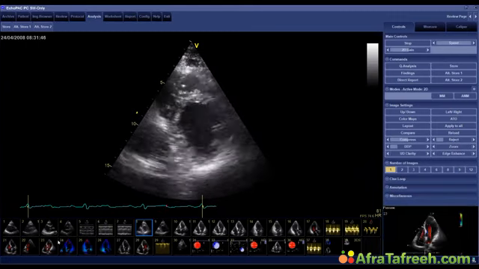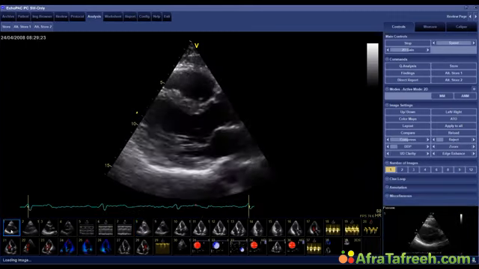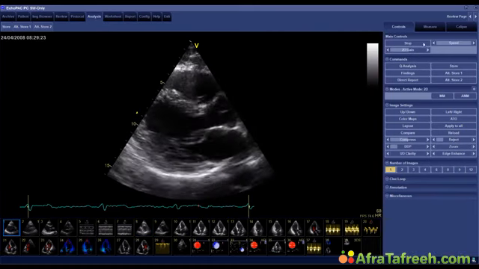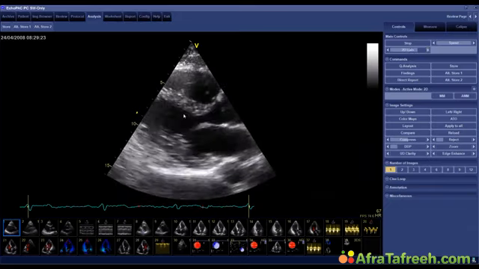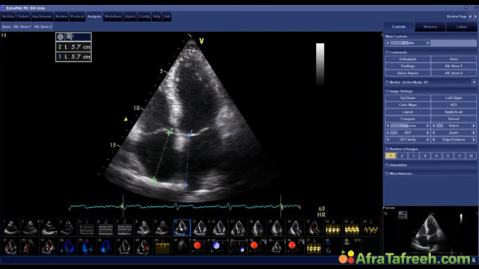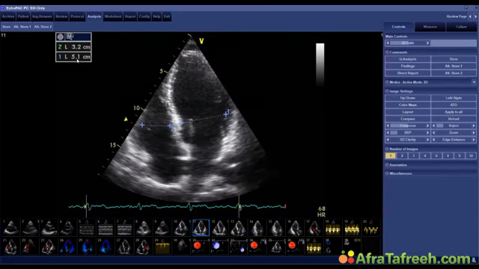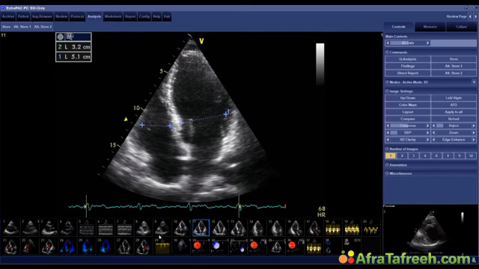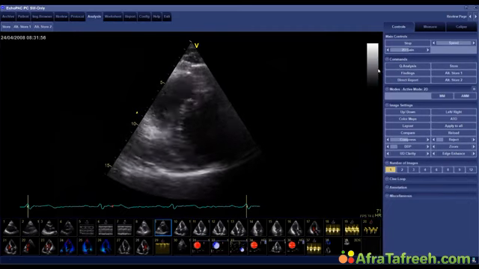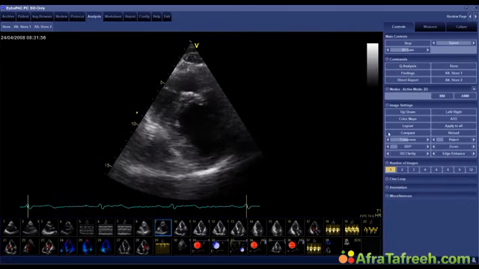I'll start out with the parasternal long axis view. This is the long axis view now. The atria, the size has not changed very much. Again, 51, approximately the same size of the left ventricle. Again, short axis view.